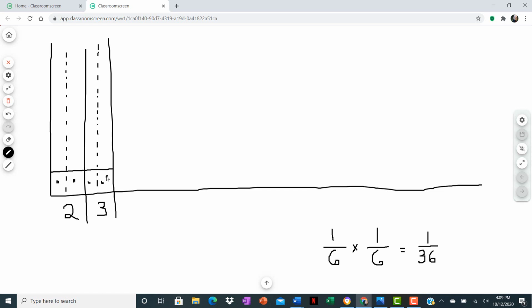Or the other way you could look at it: on the first die we rolled a 2, and on the second die we rolled a 1. In either case, we have a 3. So either 1 and 2 or 2 and 1. You've got 2 ways to make a 3.